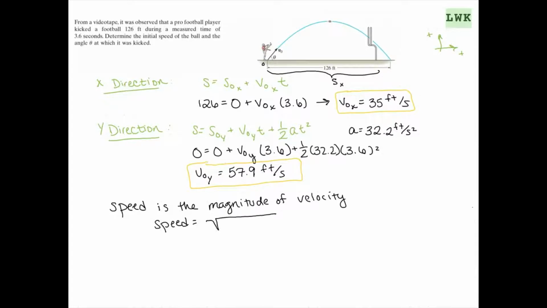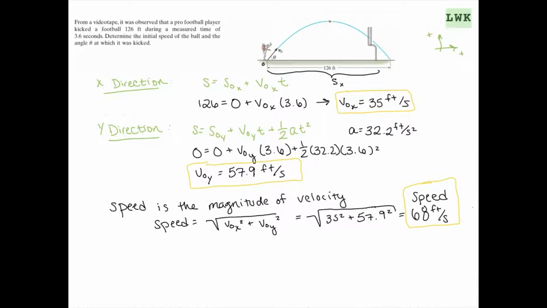So we're going to say our v sub 0 x squared plus our v y squared, and that's going to give us 35 squared plus 57.9 squared, and that will work out to give us about 68 feet per second as the speed, just taking the magnitude.